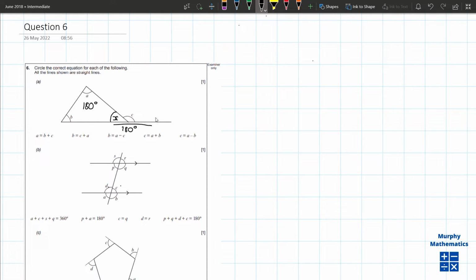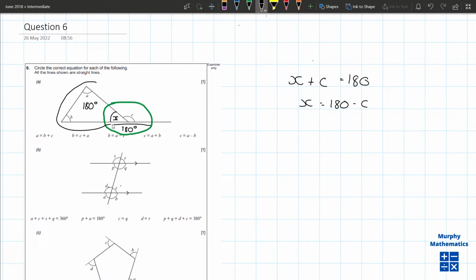And let's say we know that the angle X plus angle C will equal 180 degrees. So we can say that X equals 180 degrees minus C. Then if I make an equation for the triangle now, I can have A plus B plus X equals 180 degrees, because that's all the angles in a triangle.